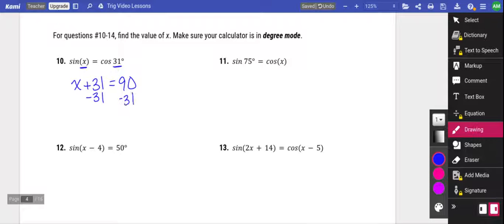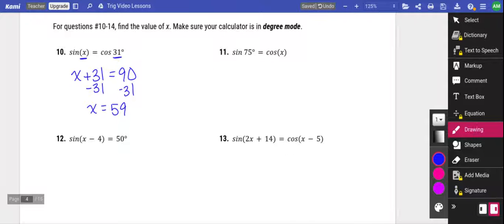If I subtract 31 on both sides, x should be equal to 59. Same thing for 11. These two angles should add up to 90. So I'm literally going to write an equation where those two degree measures will be equal to 90. Then I can solve.